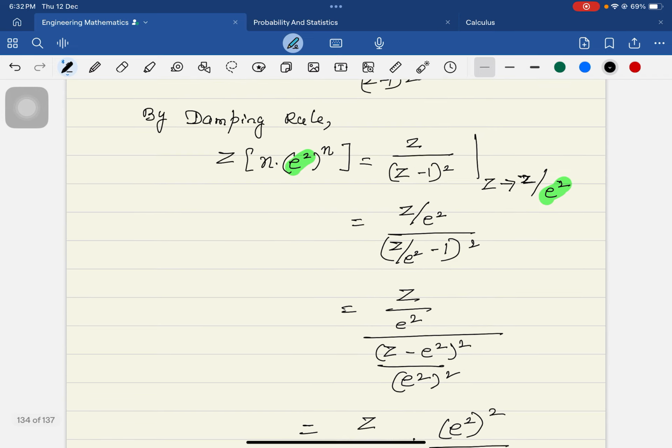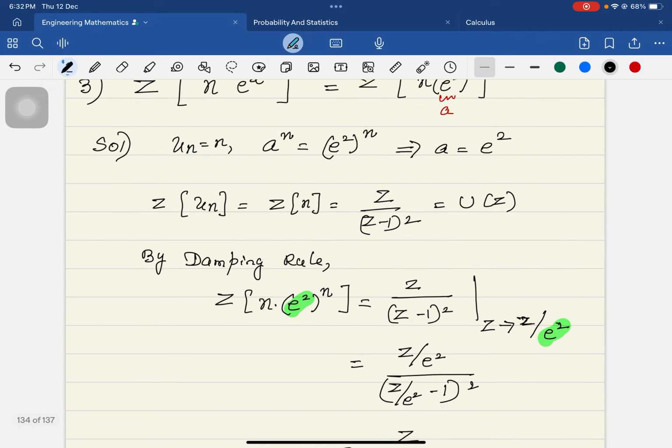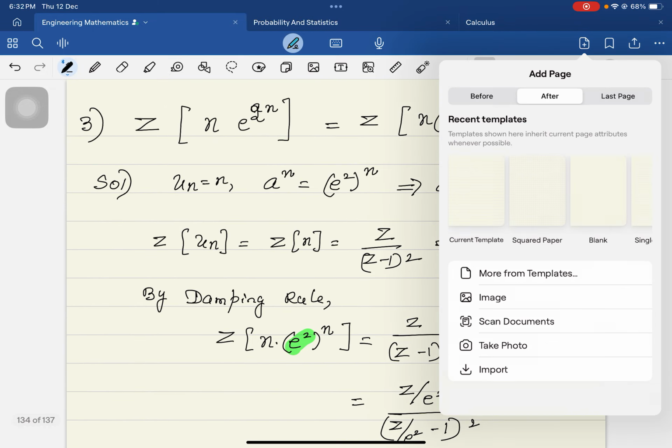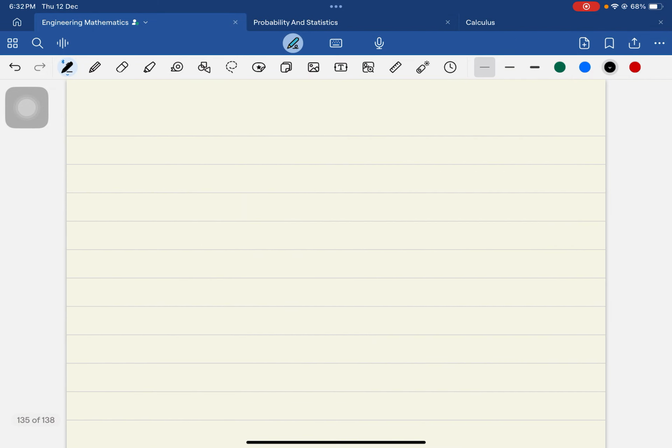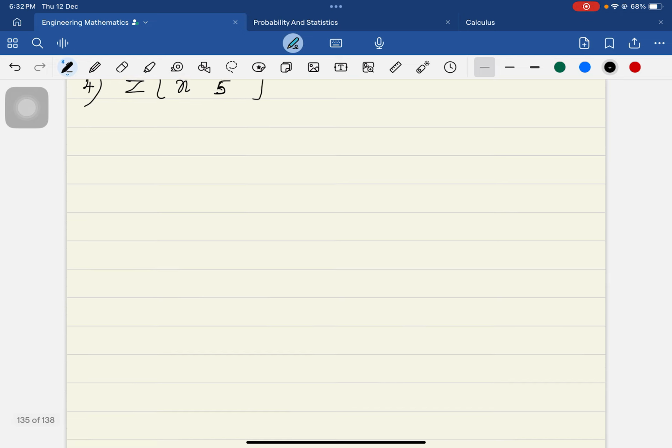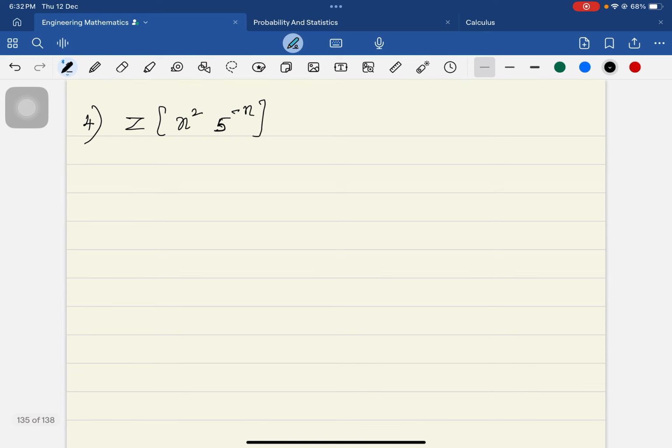I hope you are able to understand the damping rule application. Quickly, one more problem I will give you. Try to understand that also. Z of, you wanted to find out n square times 5 to the power of minus n. Now here you have to understand, again there is a power, a power n, the whole into un.